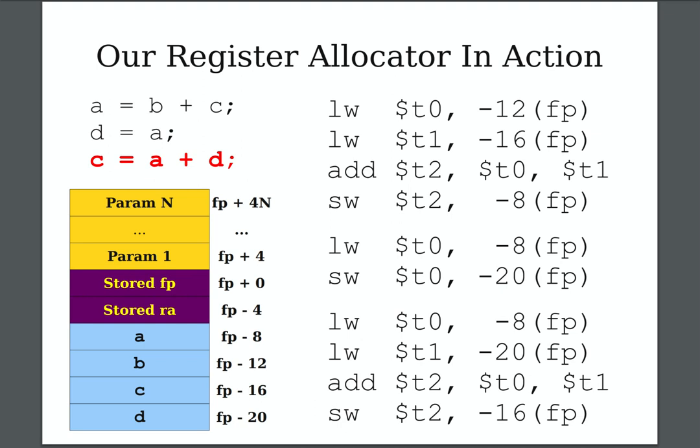It's very simple to implement this in a compiler, but you have some pretty glaring inefficiencies. We've stored the value of A and then immediately loaded it again. So at the very least, we could somehow eliminate this store and load and dramatically improve the performance of just this snippet of code.